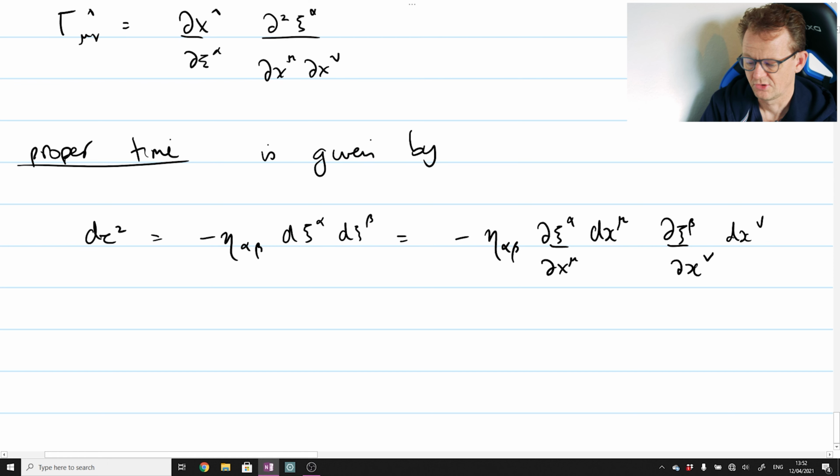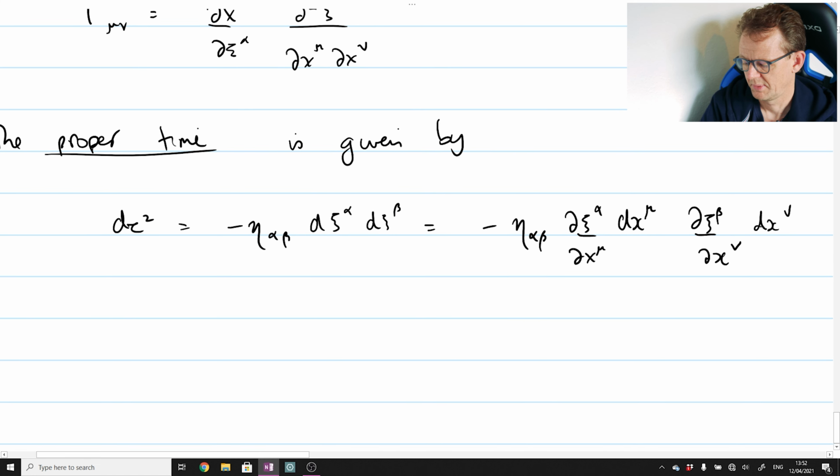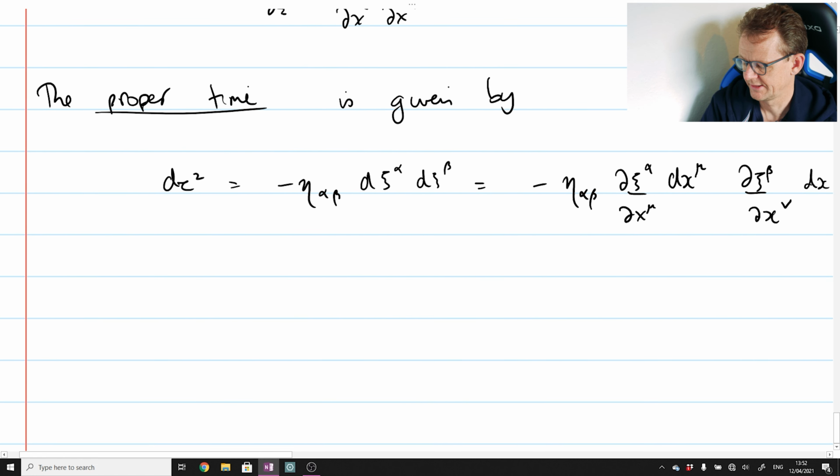There we go, that's how we change from having our increment d psi to dx. We pick up these change of variable formulas, and we can define a new expression that way.